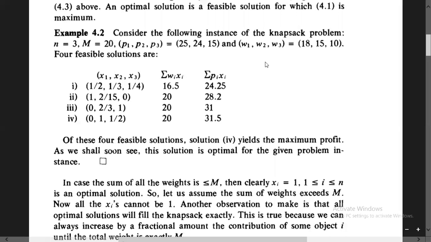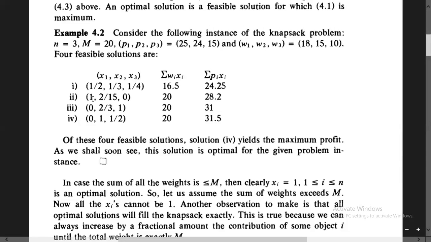Initially I took 18, then from here I took 2, so the total is 20. And what is the profit? This is 25, and the full profit would have been 24, but I have taken only 2 out of 15. So the fractional value, finally you will get 28.2. It is 25 plus 3.2, that will be 28.2.